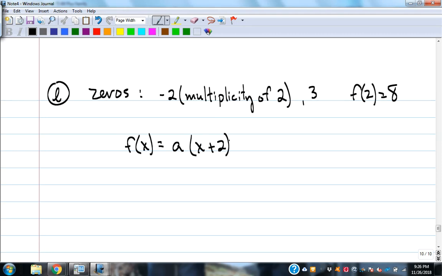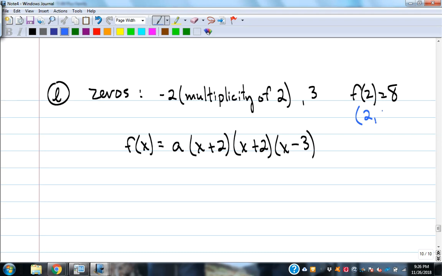X plus 2, right? There's 2 of those because it has a multiplicity of 2. If it was a multiplicity of 3, you'd put 3 of them there, okay? And then the 3, what's the factor that goes with 3? X minus 3, okay?